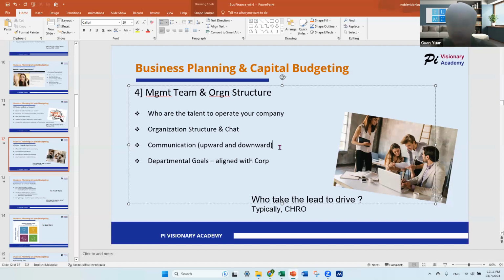Is it something like that? Basically, downward is from the top management informing all the lower levels. Upward is from the lower level informing the higher level.